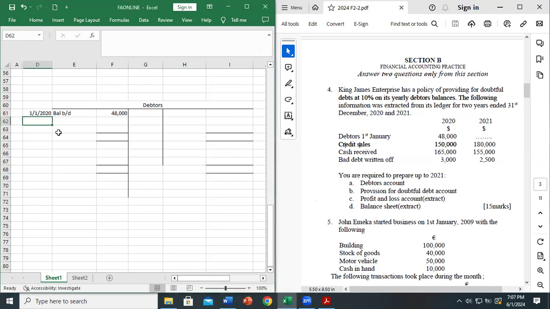I solved this with Kenneth, so I'm not calling him. So Caleb, credit sales, what do we do to it? We are going to debit it. Debit, okay. That is very true. So we use the closing date, 31st December 2020. Credit sales, 150,000.